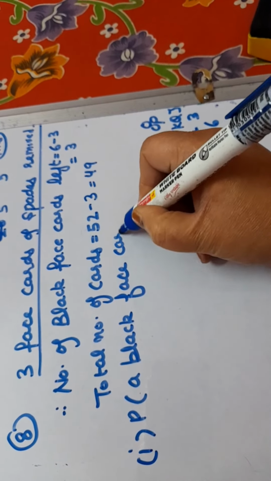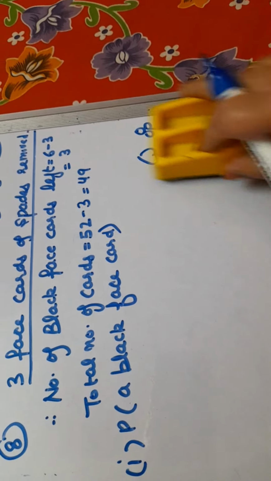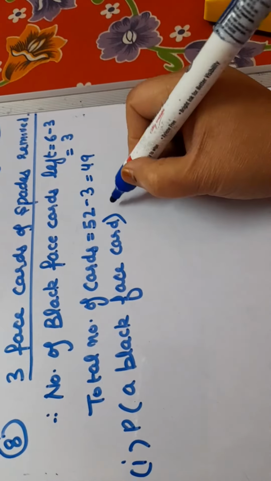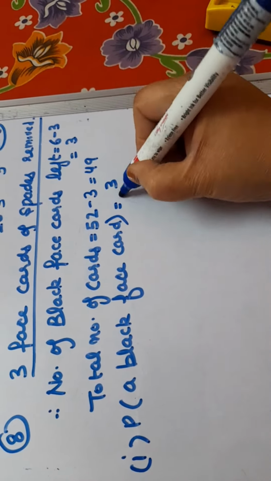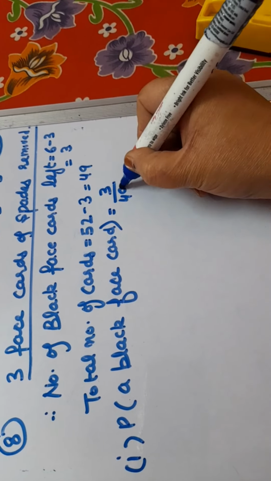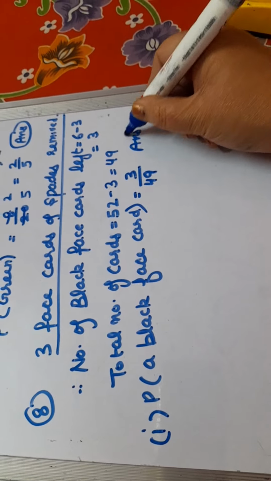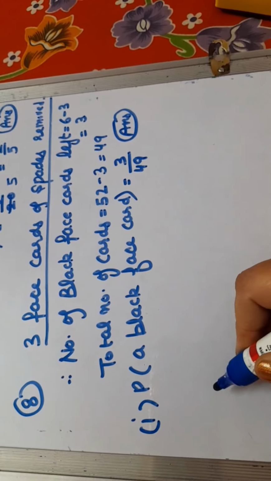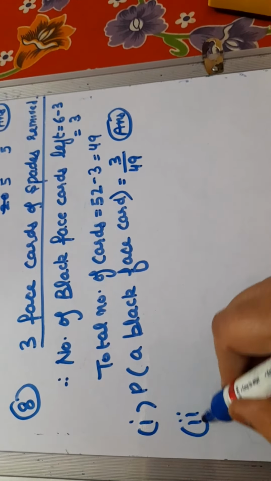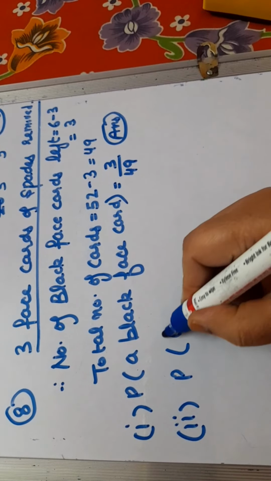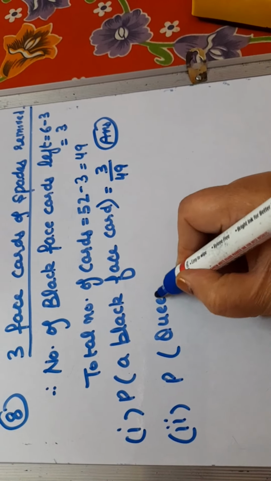Favorable outcomes are 3, total number of possible outcomes 49. So probability is 3/49.